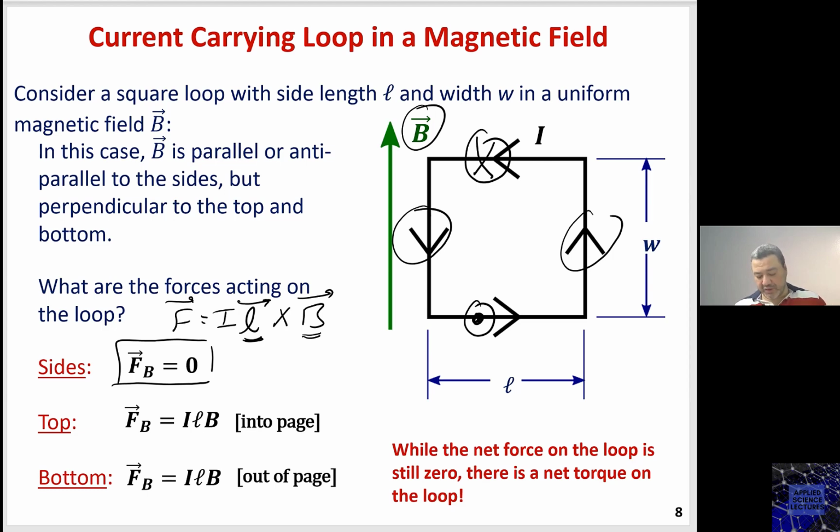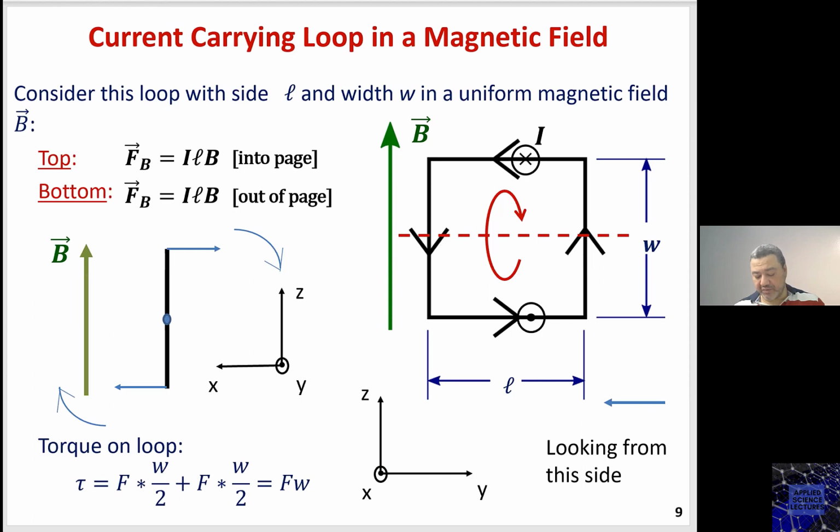So the net force applied on this loop would be zero. However, because those forces are applied on different sides, this results in a torque, and this loop is going to rotate due to that torque.